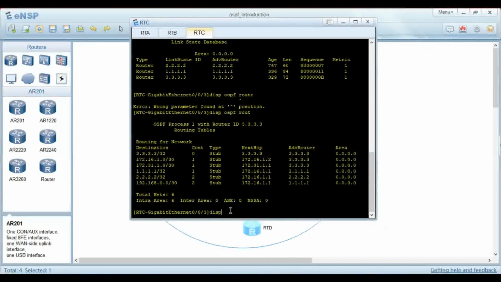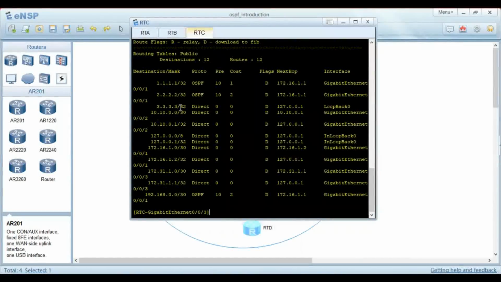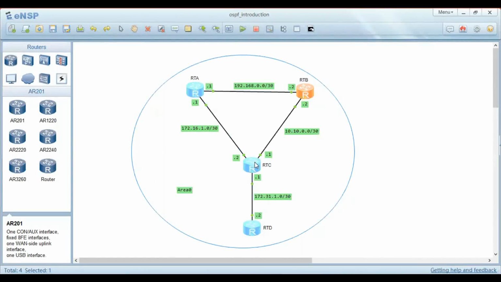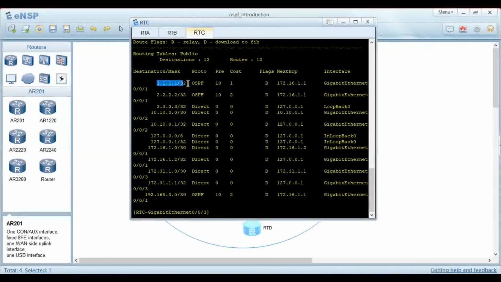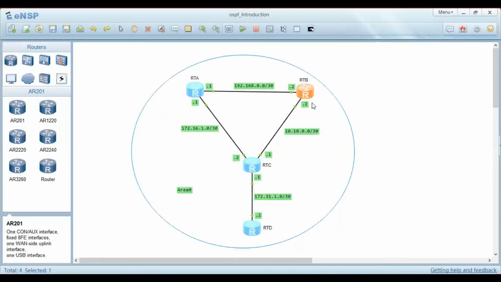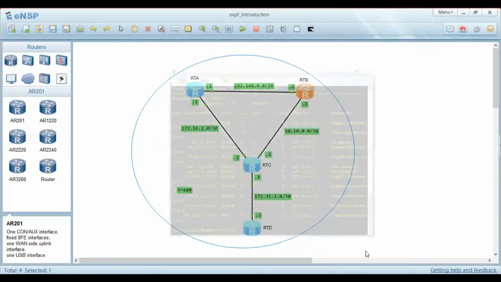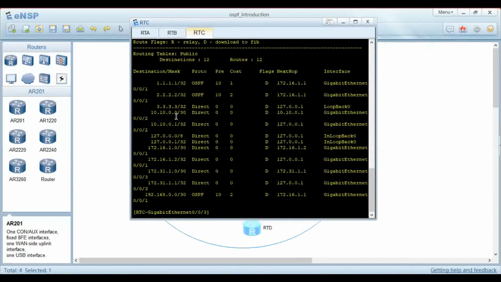So if you say display IP routing table, you see what we have in the routing table is that we have 1.1 that we are running through OSPF, because 1.1 is not directly connected to this. By default, this one does not know about 1.1. But because of OSPF, it can now know about 1.1. You see here, 1.1. And then 2.2, the loopback here, it knows about it. And also 10.10, because it's directly connected to it.